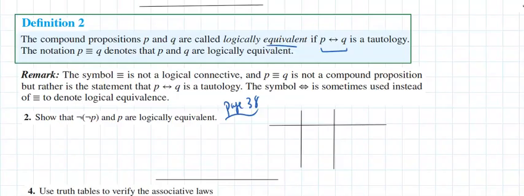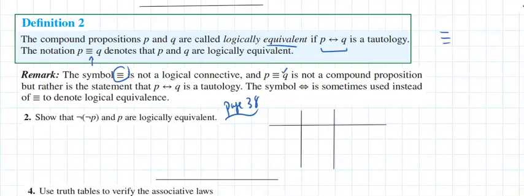The notation, an equal sign with an extra line, indicates equivalence, that P and Q are logically equivalent. There's a remark you should pay attention to. The symbol, an equal sign with another line, is not a logical connective.